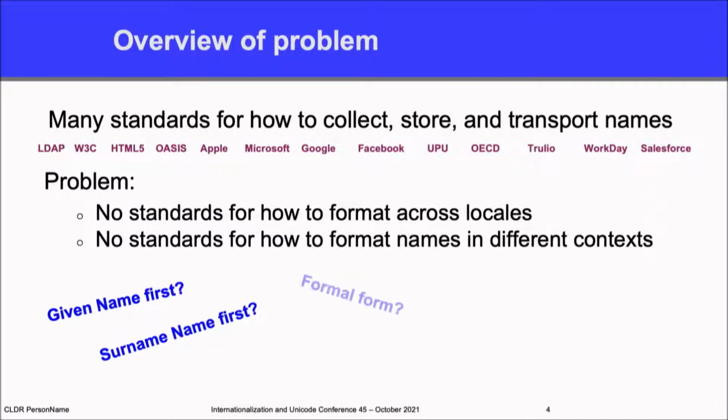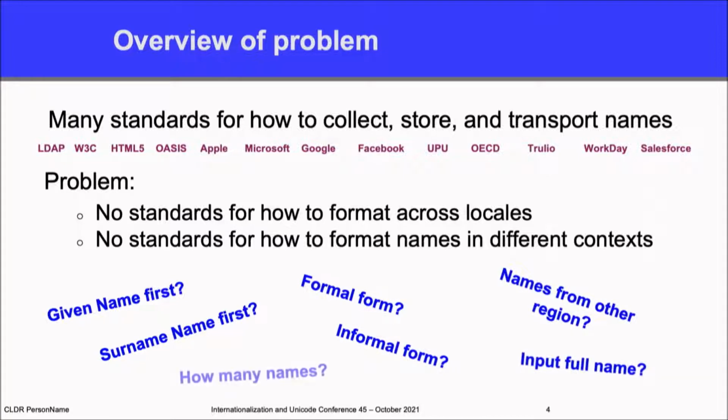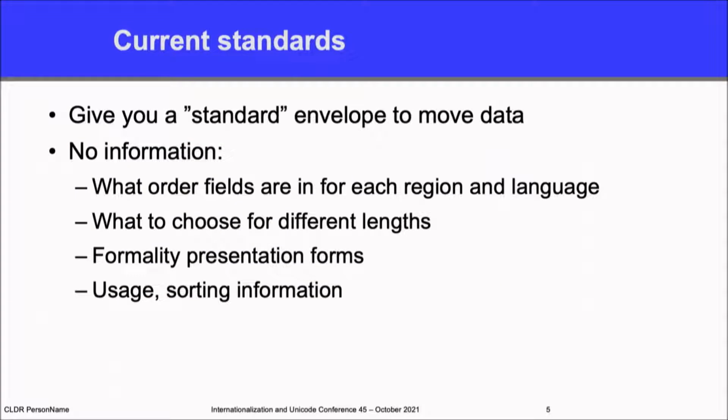There are issues in terms of how those names are actually used. Is it a formal context? Is it an informal context? How do you represent them for sorting? And what fields should you have on your input form? What order should they be in, etc.? So there are standards for the envelope to put the information in, but there are no standards for how to represent those.